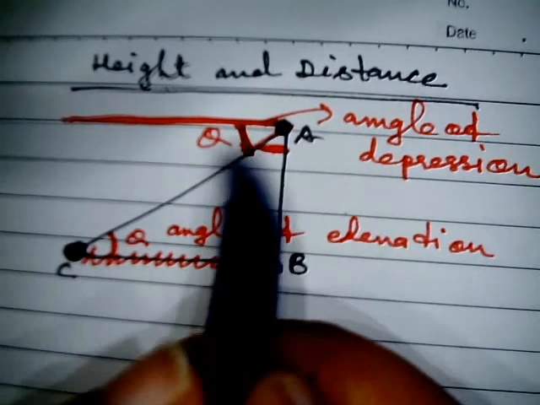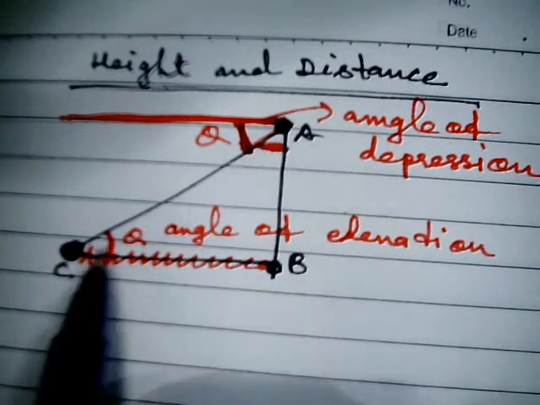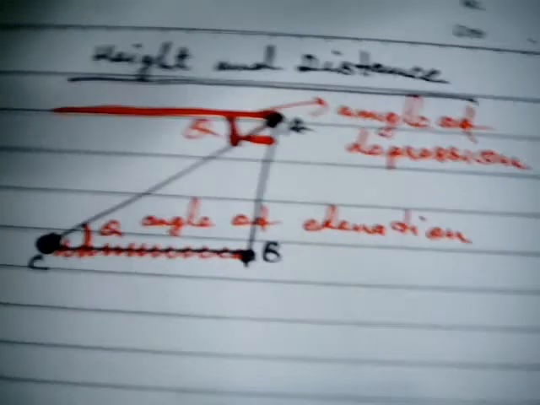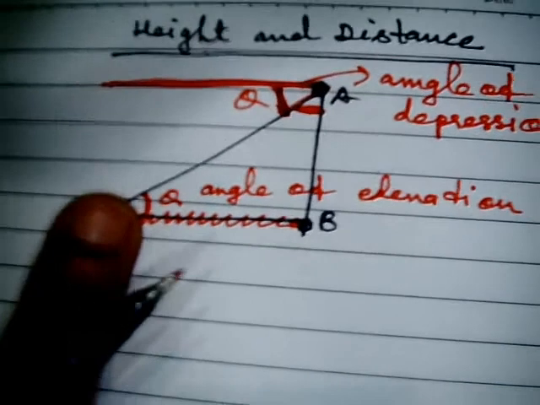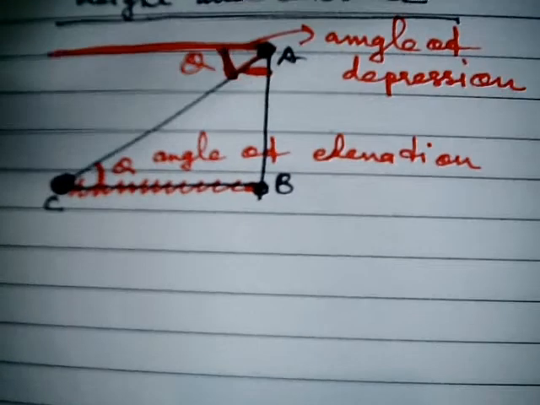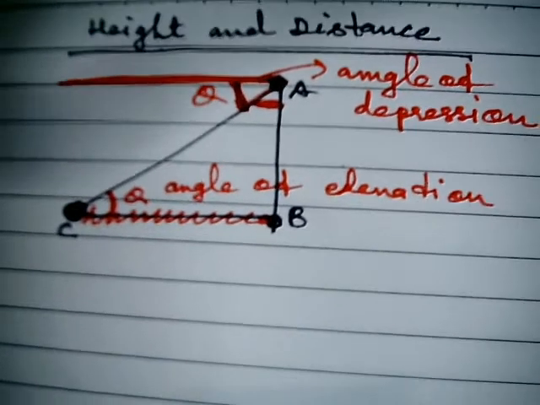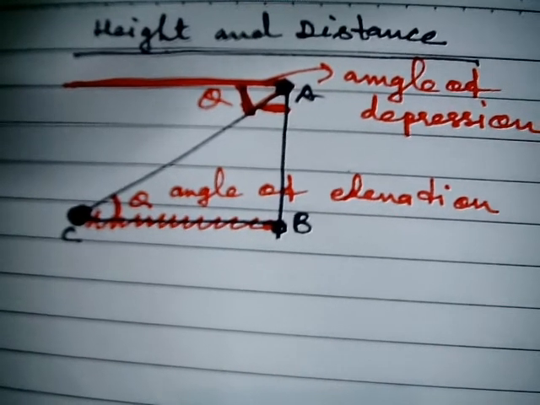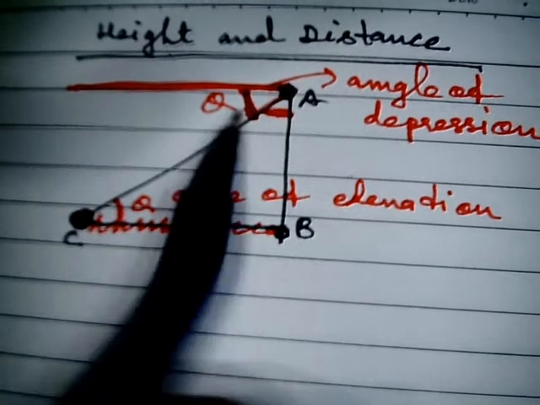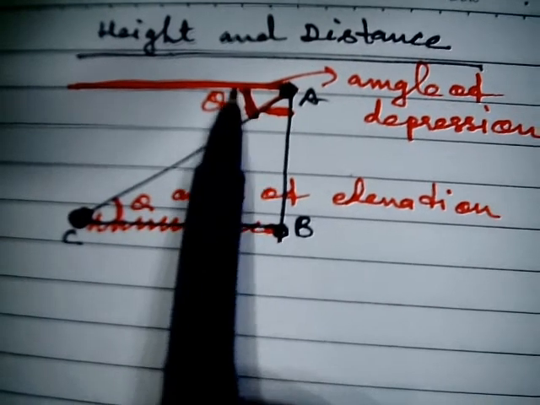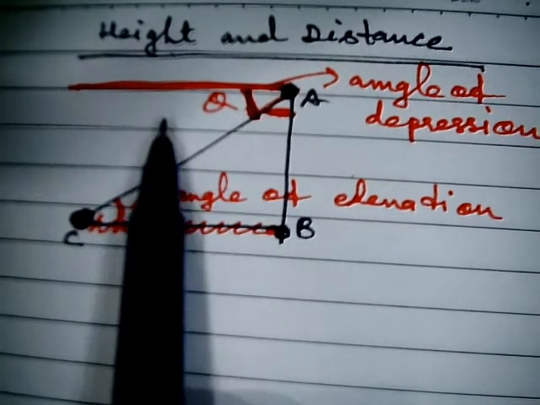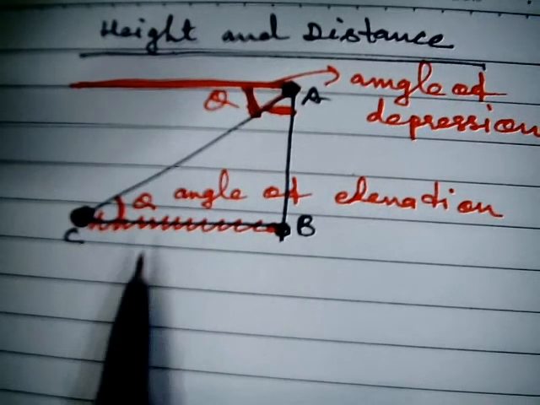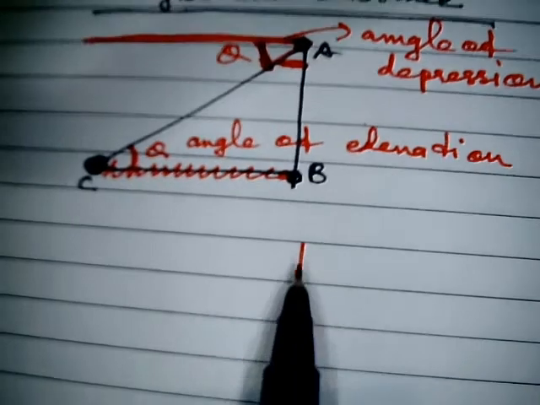Now suppose this angle is given, we can apply the trigonometric ratio directly, and whatever we need to calculate, we can calculate. But the problem comes over here, it is a little tricky. If this angle is given, how can we apply trigonometry? Suppose this is your triangle, again I am going to make it, and here the angle of depression is given, that angle is theta.